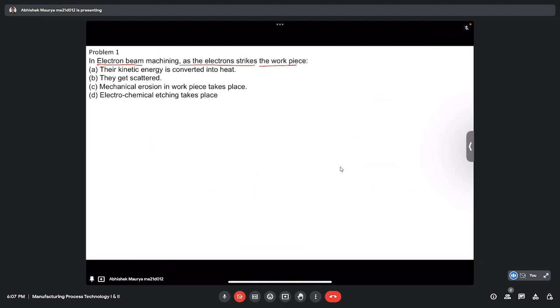So let's try to understand how machining takes place in electron beam machining. In electron beam machining, we have a workpiece which we want to machine, and we have a beam of electrons.